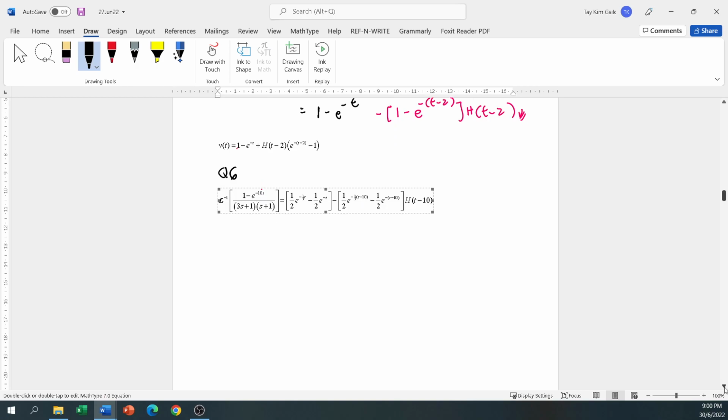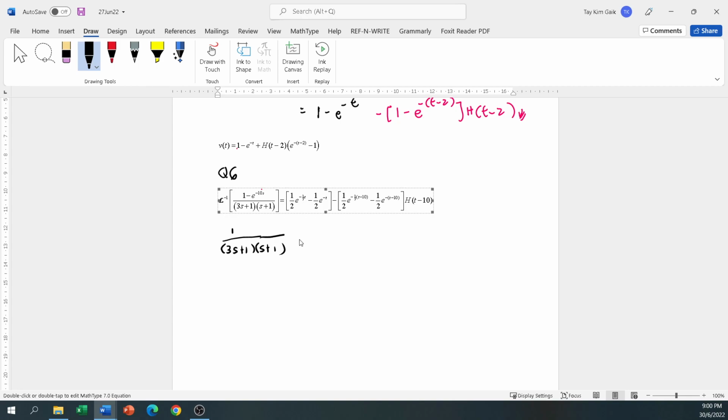So for part A, we break it into two terms. We'll do the partial fraction for the first term, which is 1 over (3s plus 1)(s plus 1).